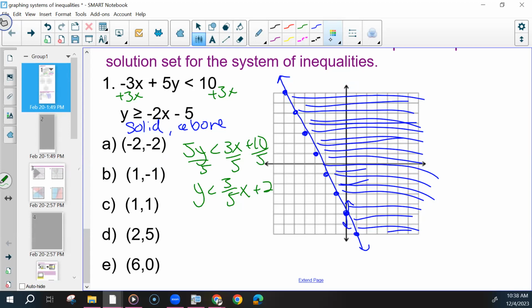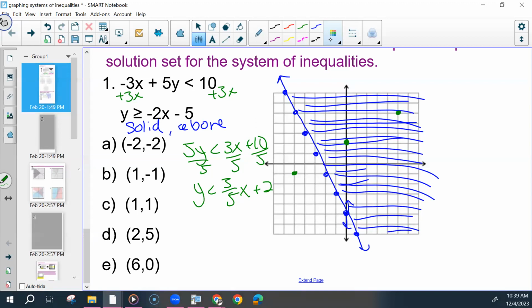Okay, so now we can graph this one. Start at +2. Your slope is +3/5, so we can go up 3 to the right 5, and down 3, left 5. Would this line be dashed or solid?